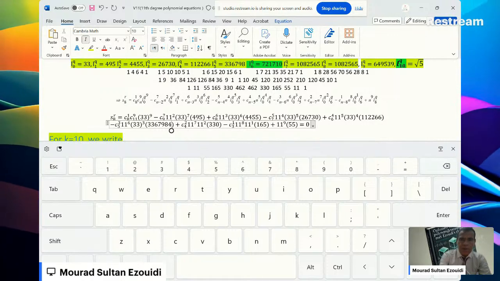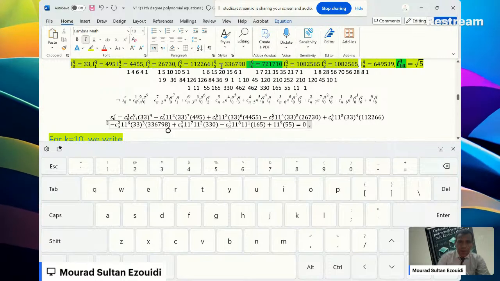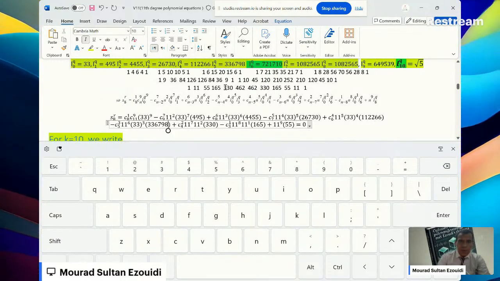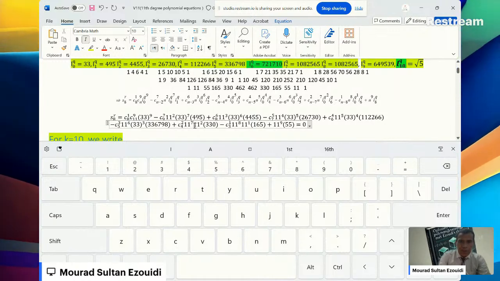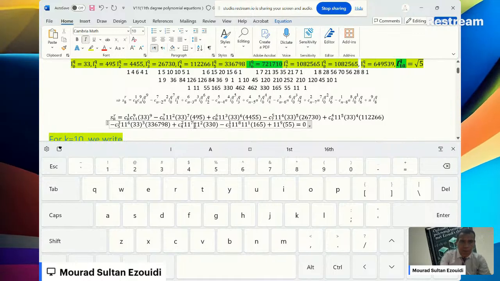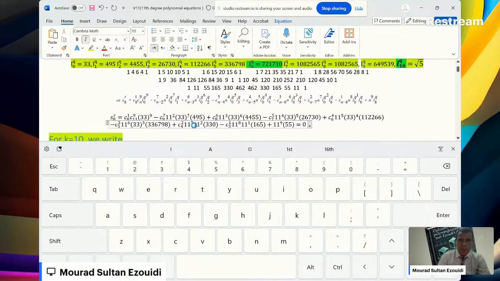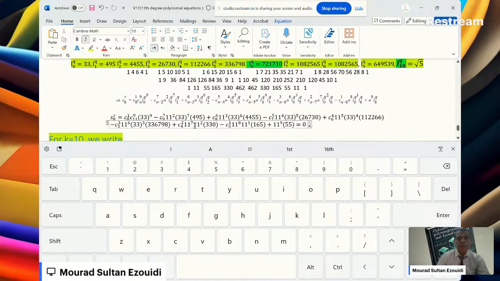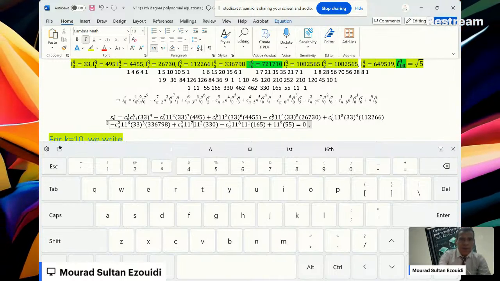And then this one. And then more. 26. Okay. After that, we have this one. 20, 22. And then this is 33.